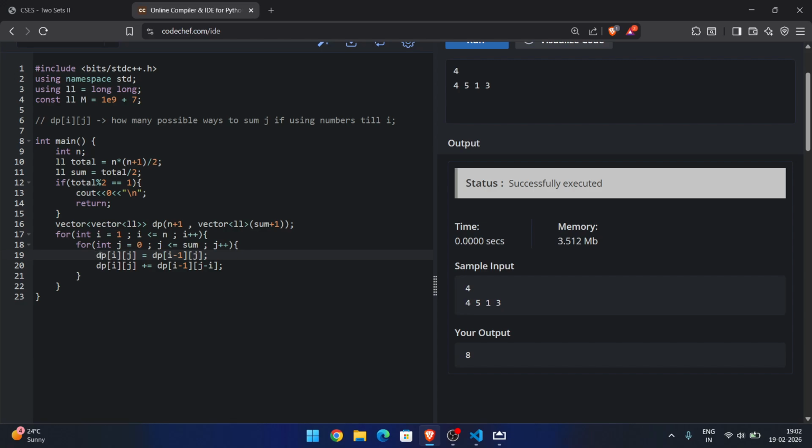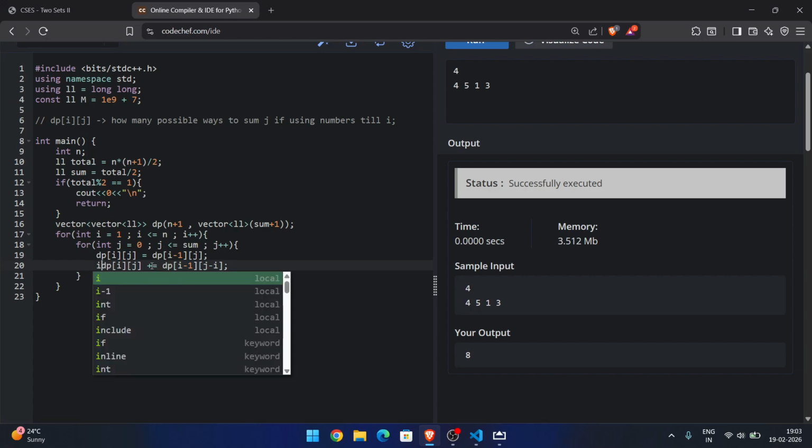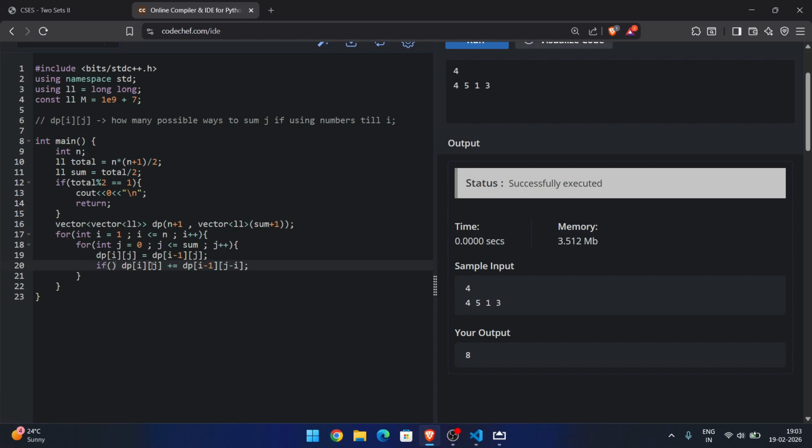If we don't take this i, then whatever number of ways was possible to make this sum till i minus 1, that would be our answer. And if we decide to take this, then whatever number of ways for sum minus this, that is j minus i, provided j minus i is greater than 0. So whatever possible ways were possible earlier, and now whatever possible ways if we take this.